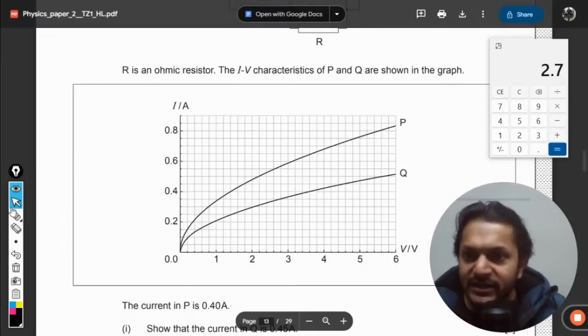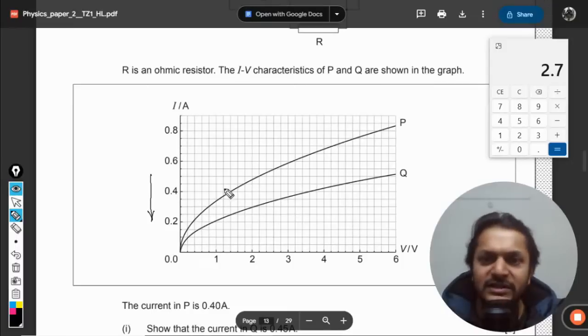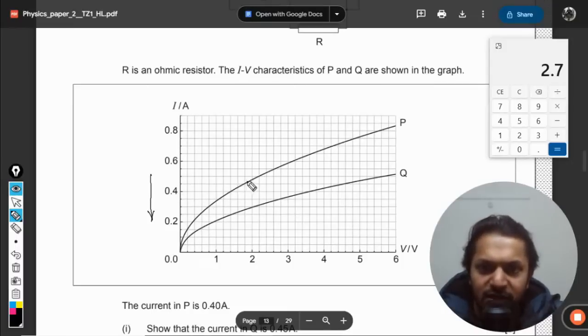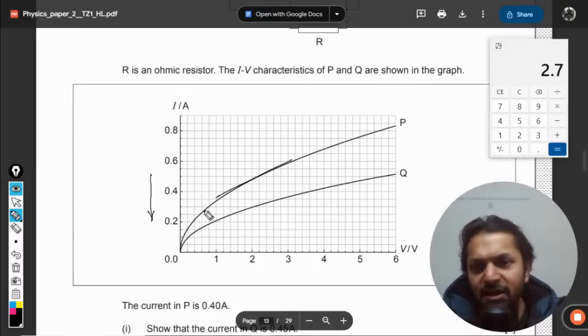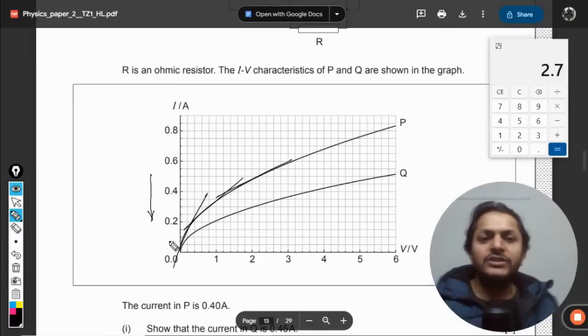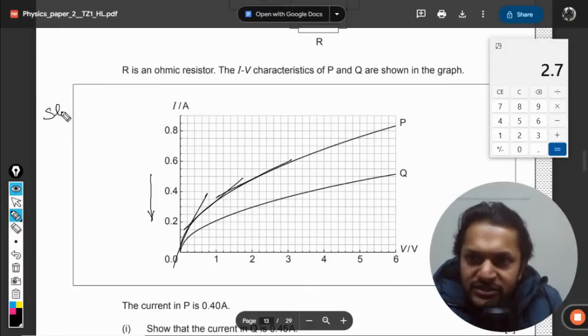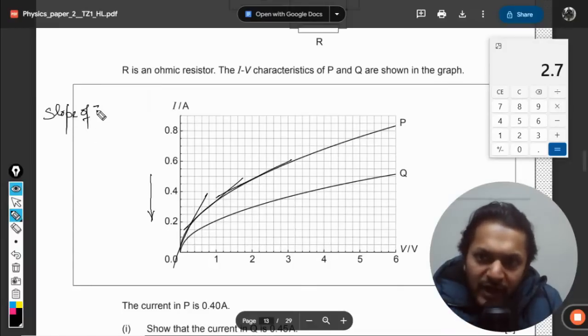And you can clearly see that if the current is reducing, the slope is increasing. Like here, the slope was like this. Gradually, the slope is becoming steeper. And now this graph is I by V. So in the I versus V graph, the slope will be equal to 1 by R. Try to understand.